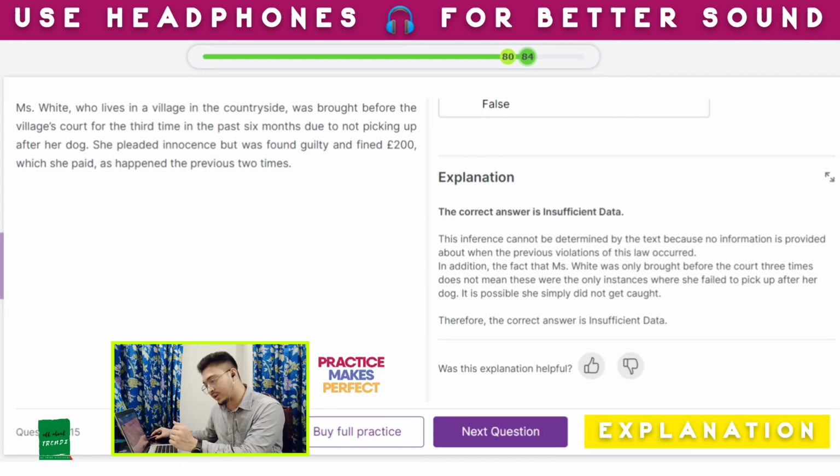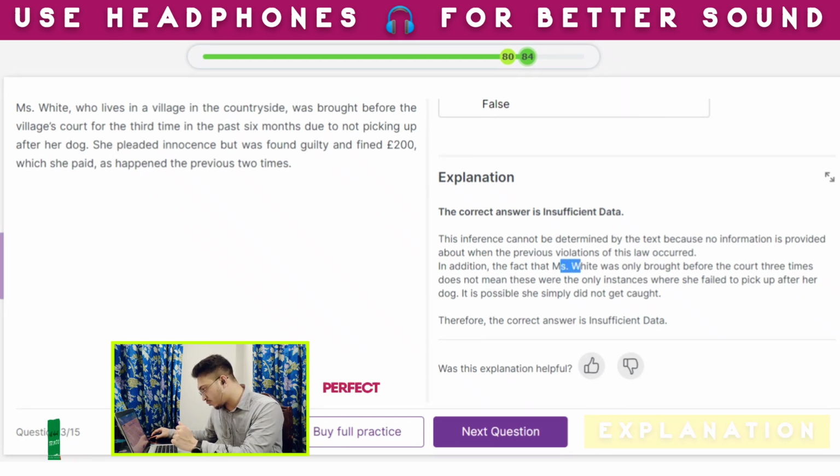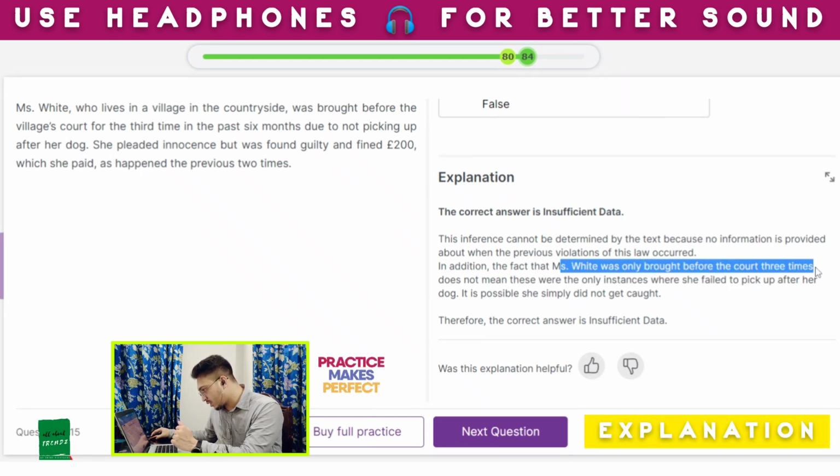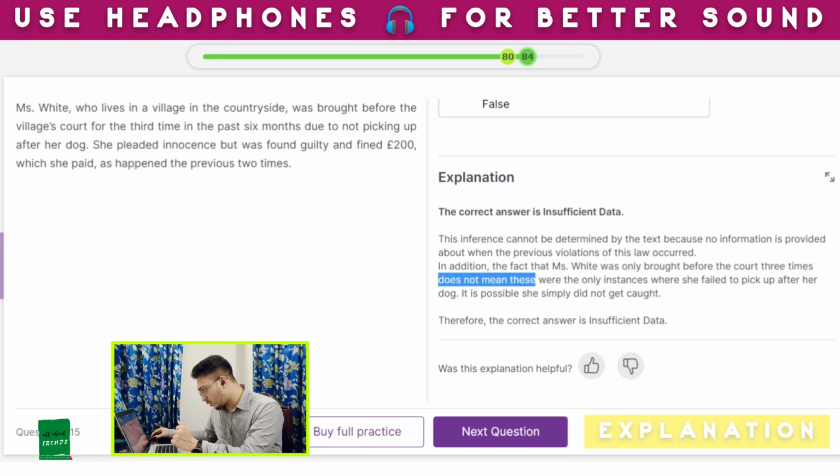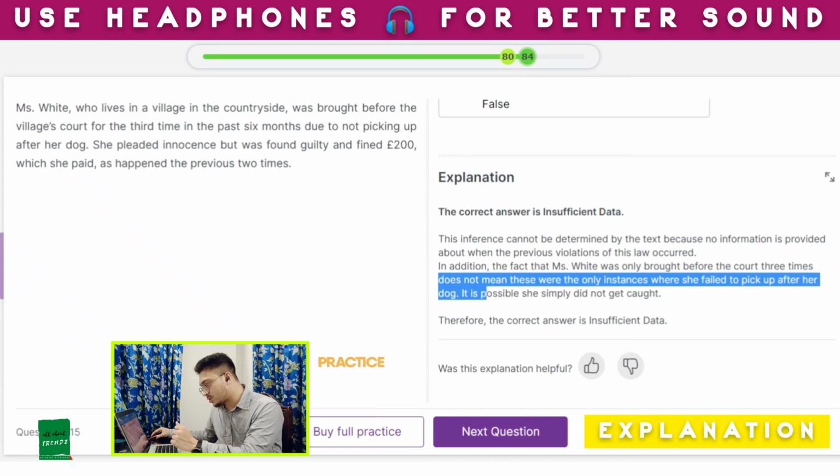So definitely there is no reason to say it's true or false. Also, the fact that Miss Watt was only brought before the court 3 times does not mean these were the only instances where she failed to pick up after her dogs. So it is possible that she simply did not get caught.